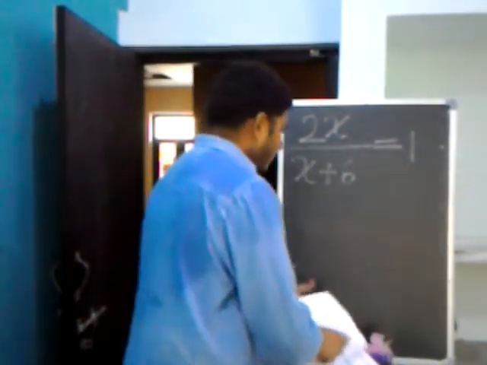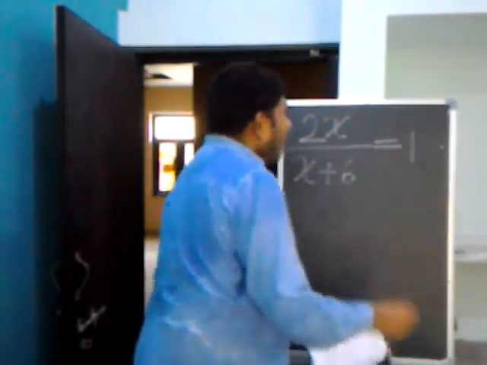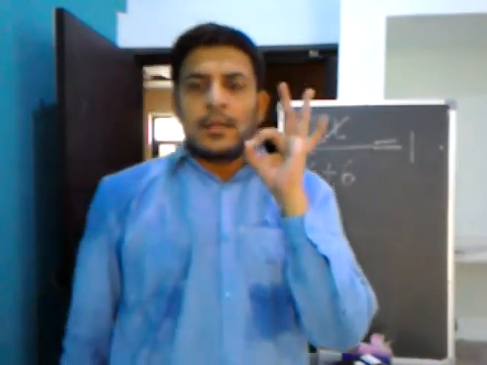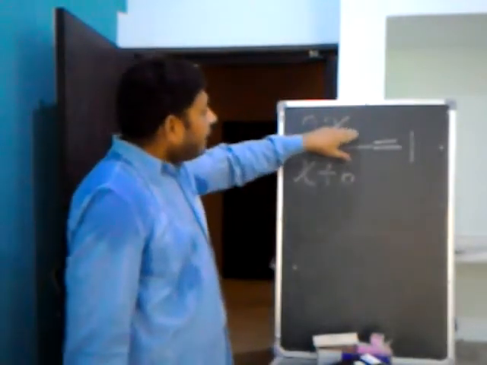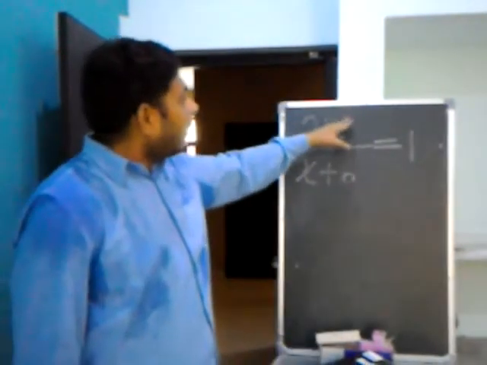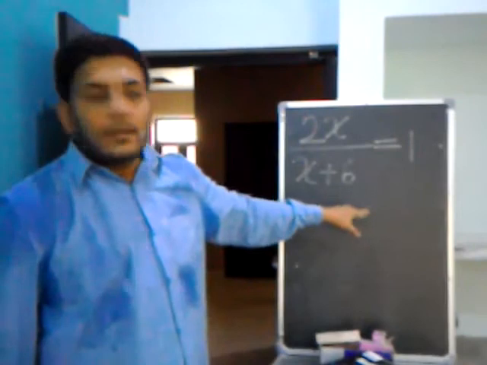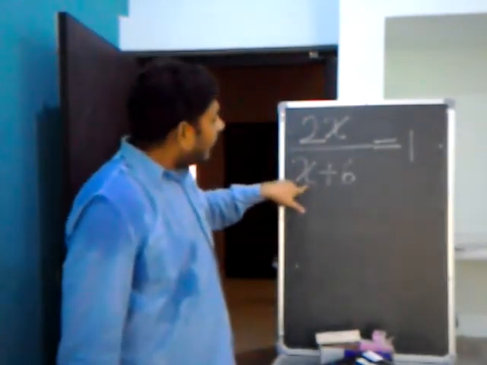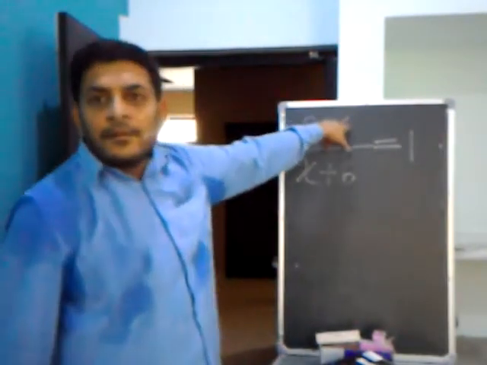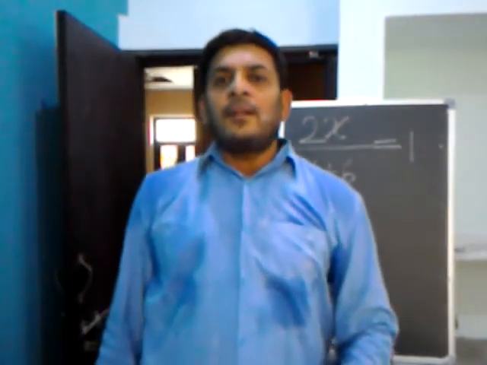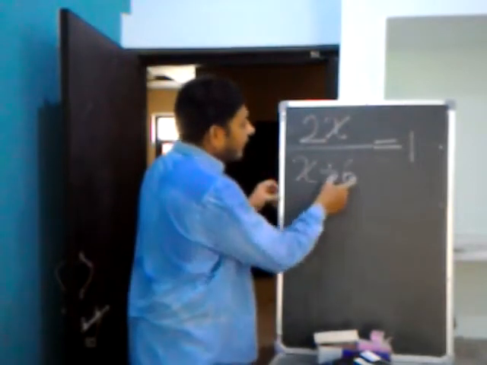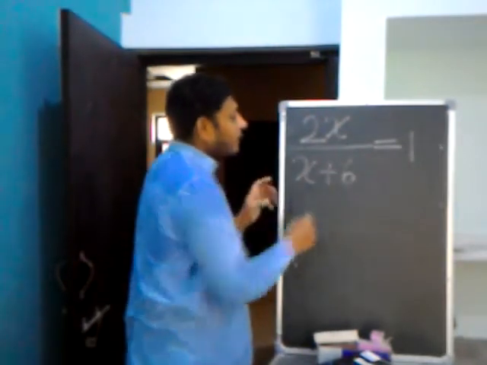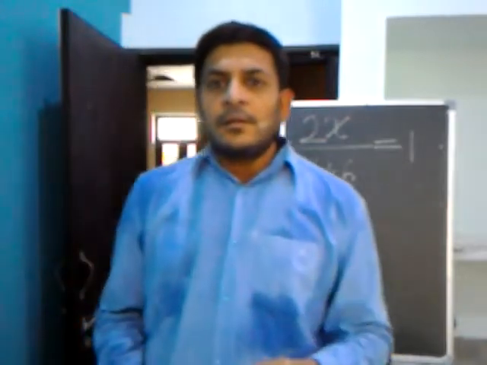Now first of all, one very important piece of information. If there is something common in numerator and denominator, here x is common in the denominator and x is in the numerator, but we cannot divide them because between this common factor and some other factor there is a plus sign.